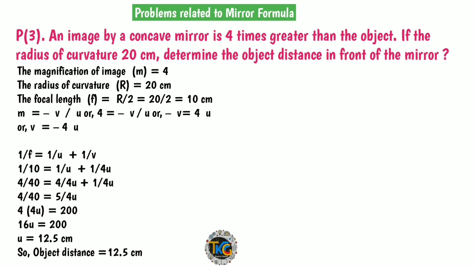Now m equal to minus v by u, so m given 4, that is 4 equal to minus v by u, or simply cross multiplying it, minus v equal to 4u, so v will be minus 4u. Now according to the mirror formula, 1 by f equal to 1 by v plus 1 by u, just putting the individual values and simplifying, we can write 16u equal to 200, so u equal to 12.5 centimeter. So here the object distance is 12.5 centimeter.